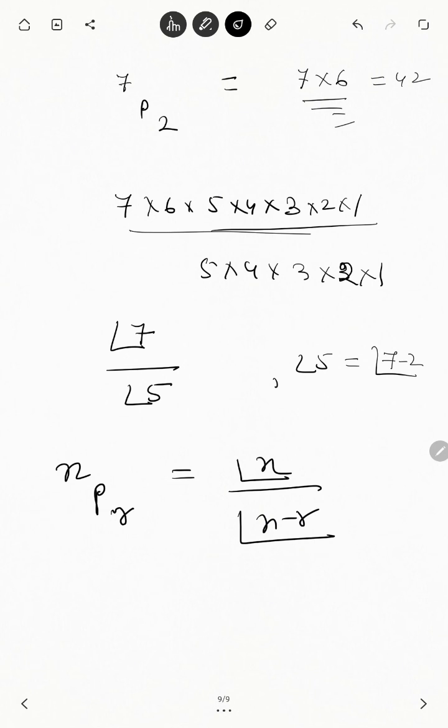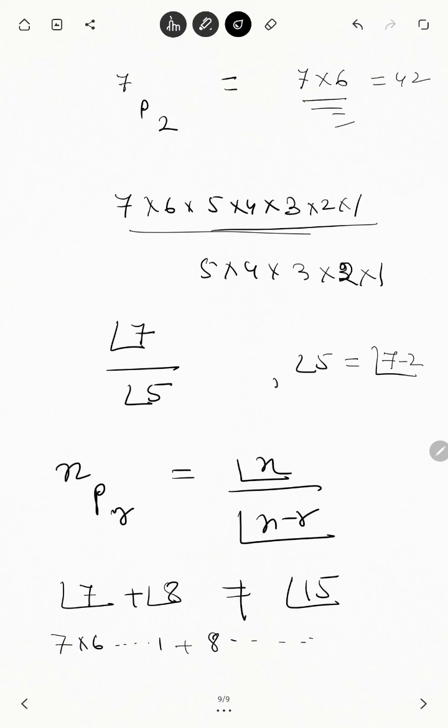There are simple properties, such as factorial 7 plus factorial 8 is not equal to factorial 15. That is very easy to prove, because factorial 7 is 7 into 6 and so on up to 1, plus 8 into and so on, which is not equal to factorial 15.